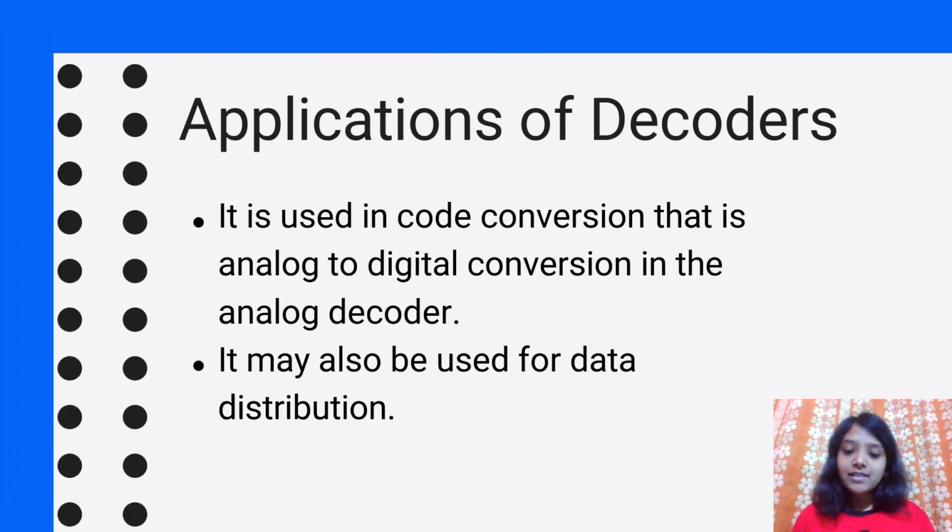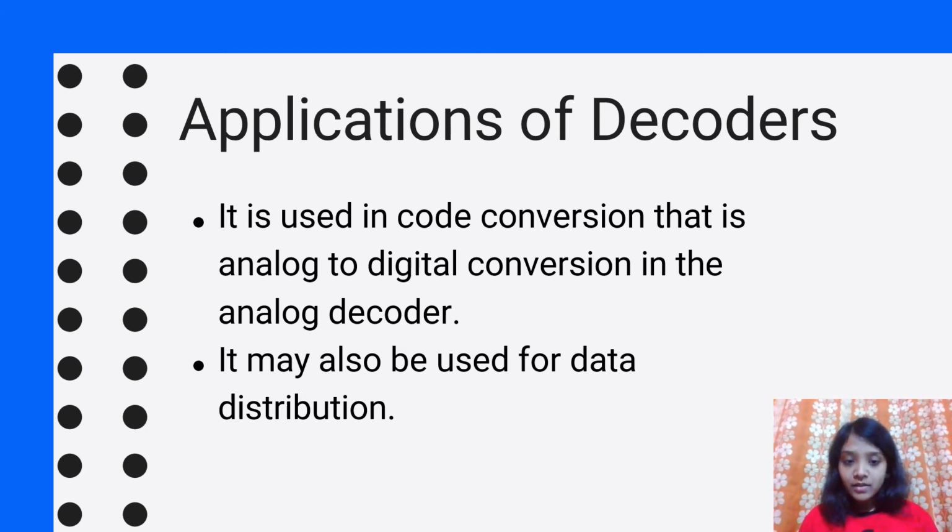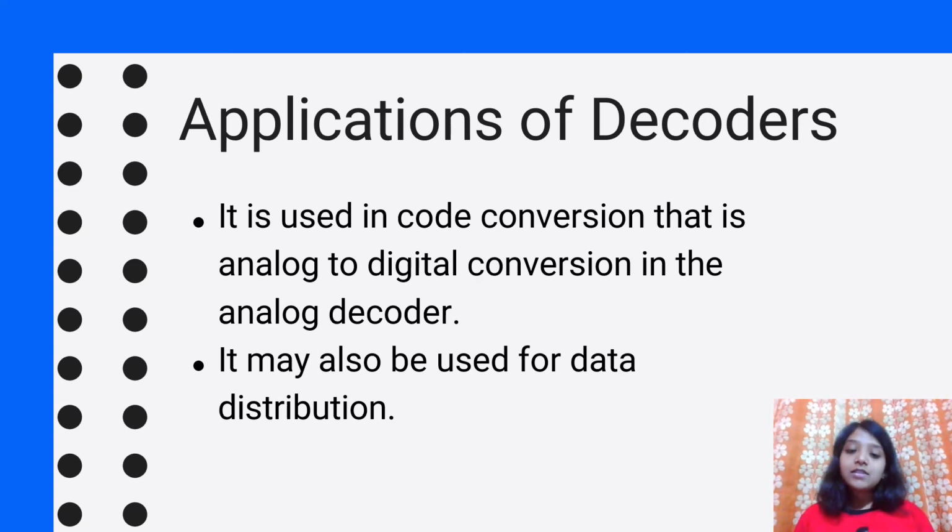Now let us see the applications of decoders. Here are some applications of decoders that I found are used in day-to-day life. First, it is used in code conversion, that is analog to digital conversion. It may also be used in data distribution.